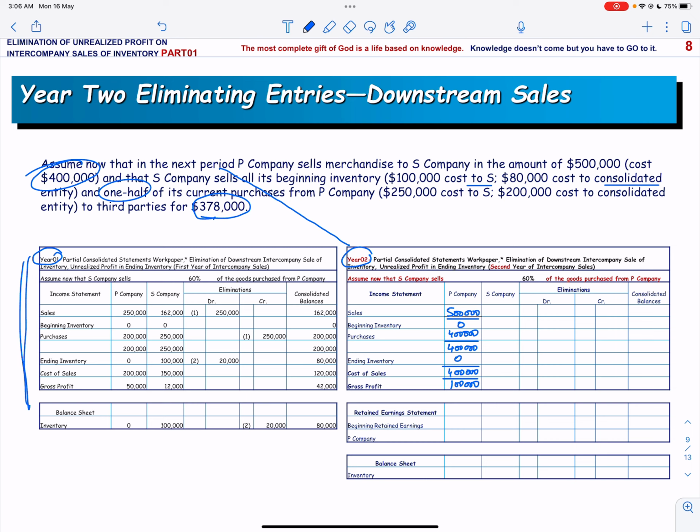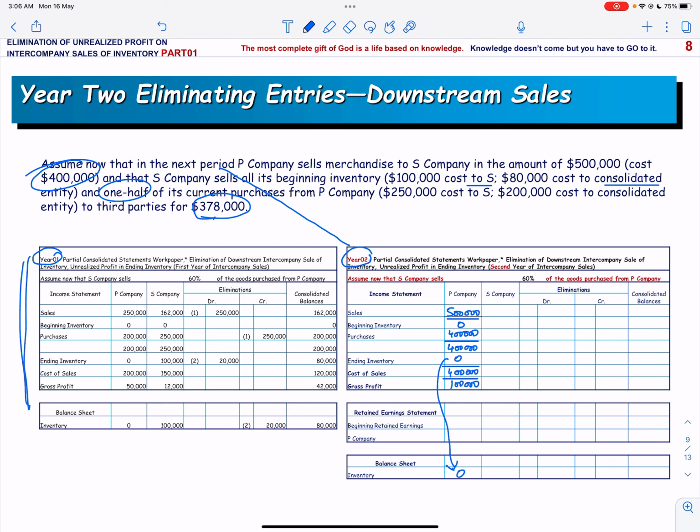Okay, let us continue with the balance sheet as well. Now, since the parent company has sold 100% of its inventory, the ending inventory in the balance sheet for the parent company is 0.